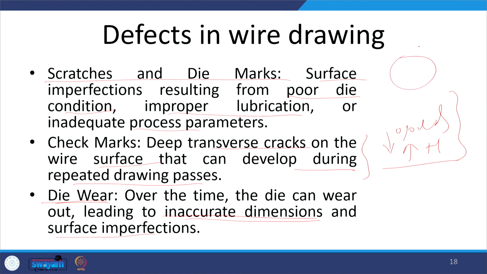If the increase in diameter is the same, if the die surface wears out equally in all the zones, then it is fine, only the diameter will increase. But if the wear is unequal, then even the shape of the wire that will be produced will be incorrect, and therefore surface imperfections will be produced on the surface of the wires which are being produced.